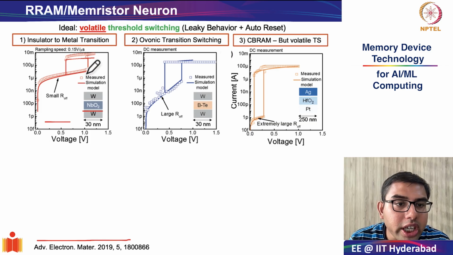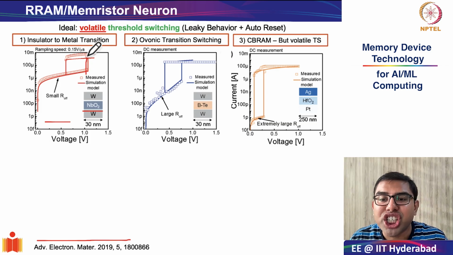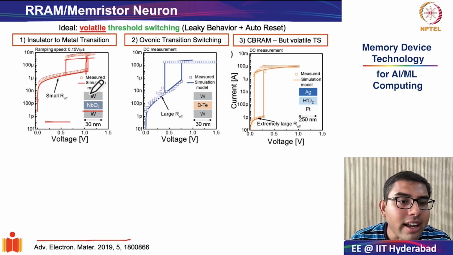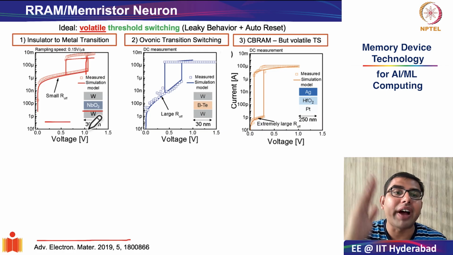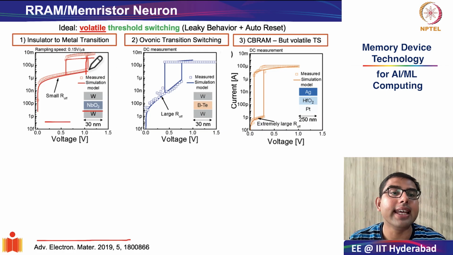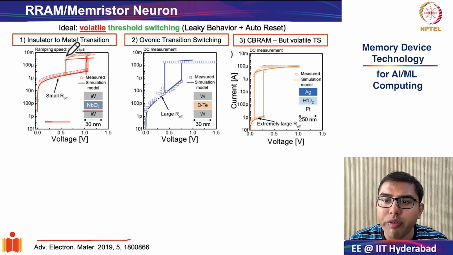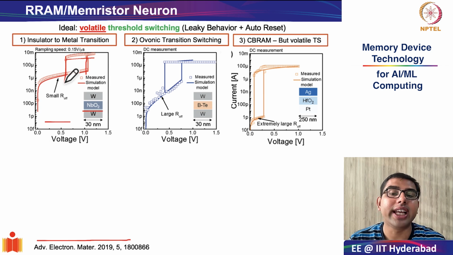And this is what is responsible for the sharp switching at roughly 1 volt. This atomic rearrangement process, which causes a sudden drop in resistance, gives us a very sharp firing event, as you can see in this image. Once this voltage is removed, it returns back to its insulating state, naturally causing a reset.